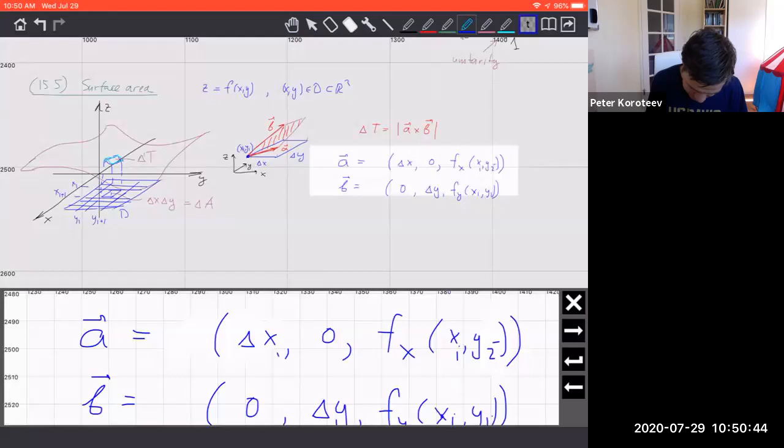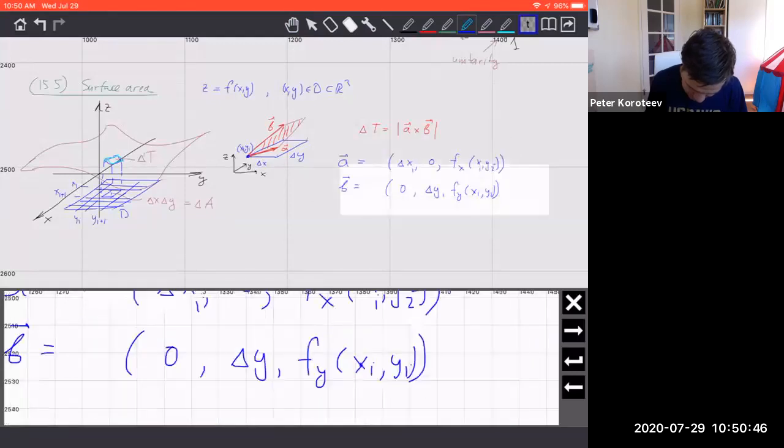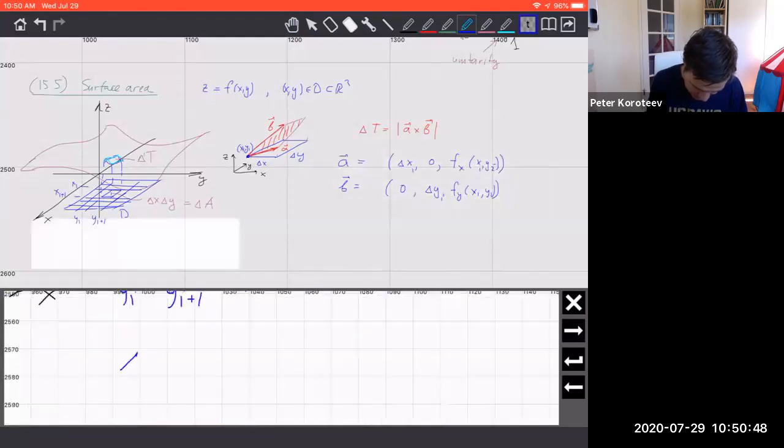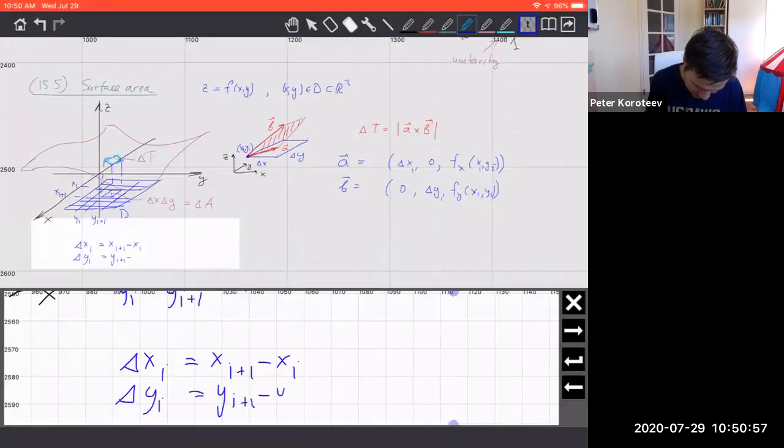And in fact, we should label delta x's as well. So delta x_i is equal to x_{i+1} minus x_i. Delta y_i is y_{i+1} minus y_i.